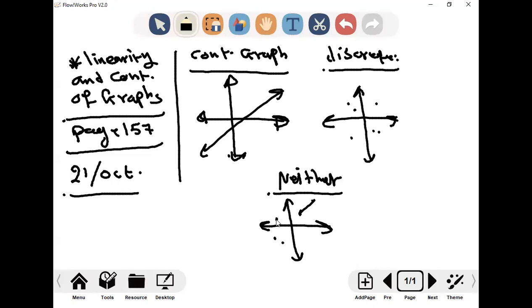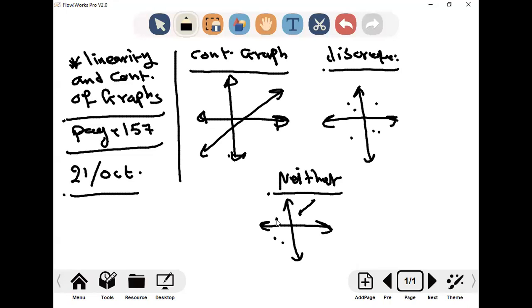We have three types: continuous, discrete, or neither. This is the first idea. Now, the second idea, we talked about linear expressions, right? Or linear functions. We said a function can be linear. It can be written as y equal ax plus b. A, b, any numbers, but a cannot be 0, right?